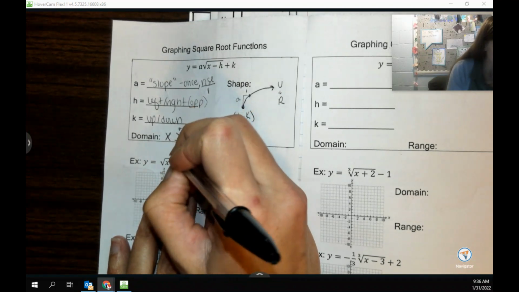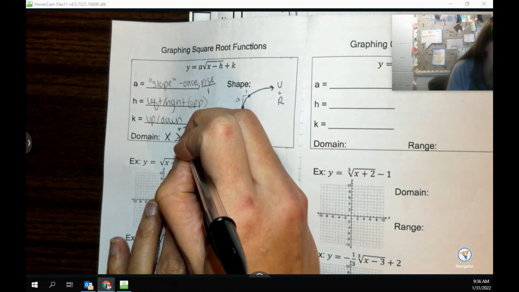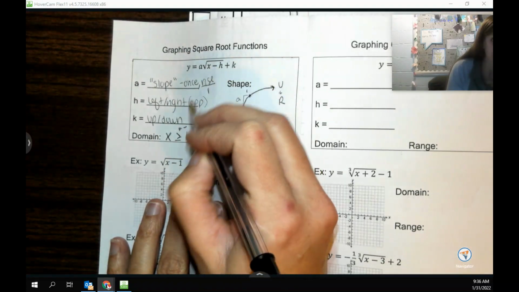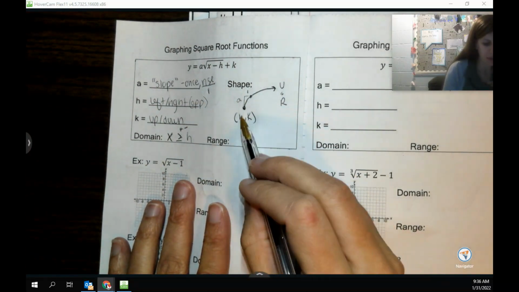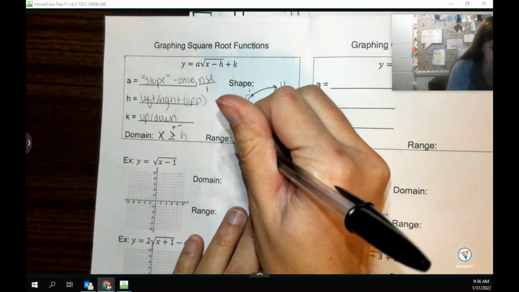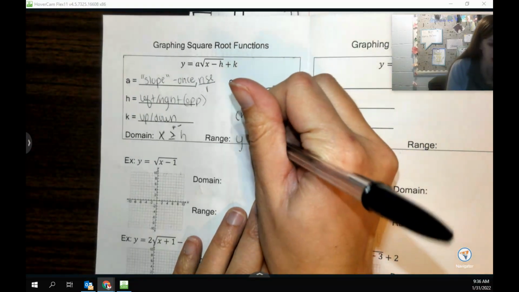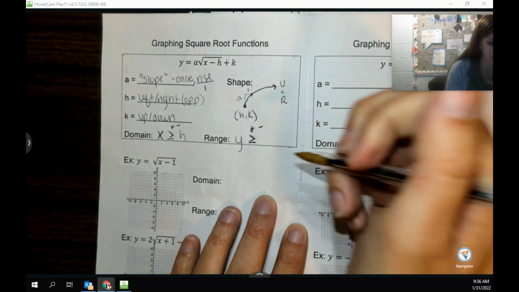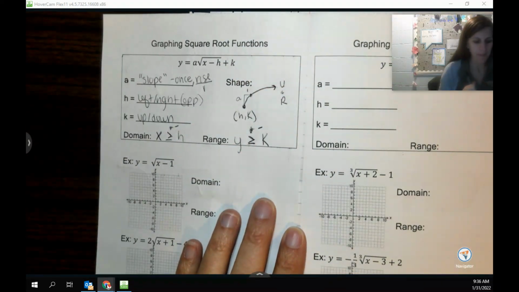Now this can change with a negative, and then it'll always be the h value, whatever that is, or the x value right here. And then range is going to be y is greater than or equal to. Again, greater than or equal to because we're up, but it could change because of a negative. K, because k is my y value.